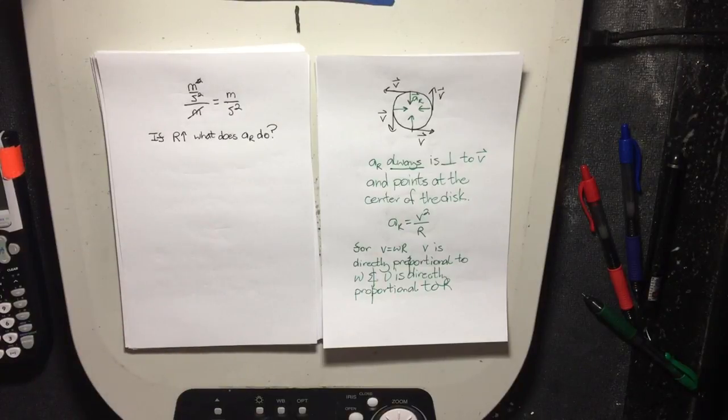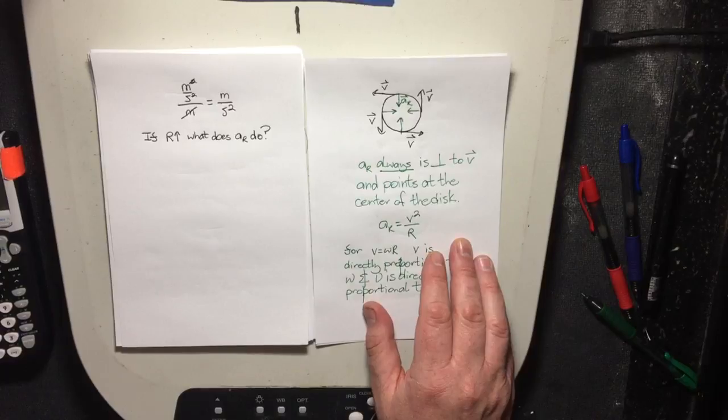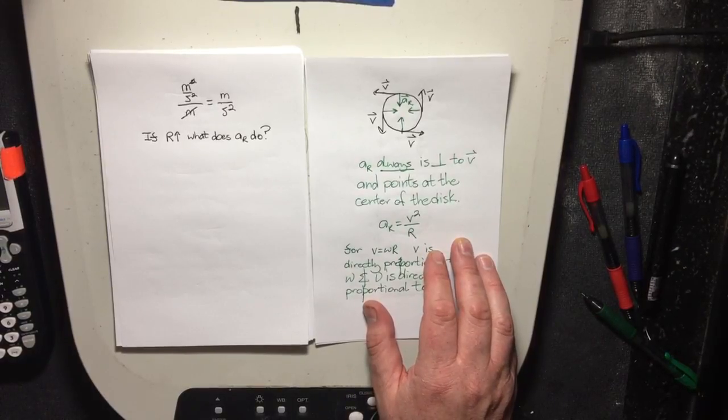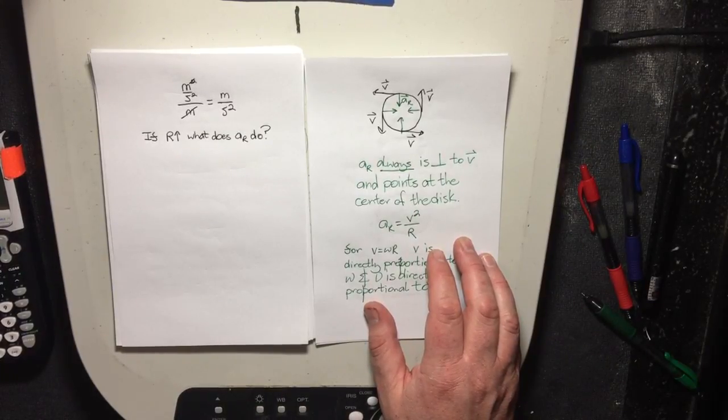If you go further out on the disk, the R value increases. It would be directly proportional to the value of R, wouldn't it? Yes. V is squared. You're catching on. So then it would just be like omega squared times R. Okay, very good.